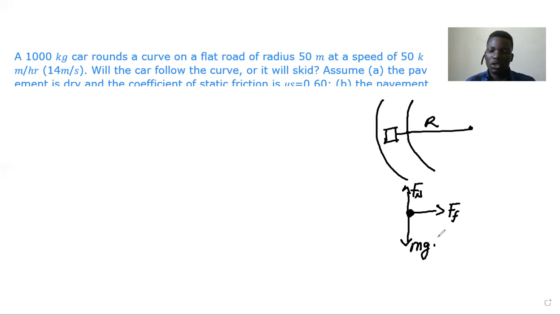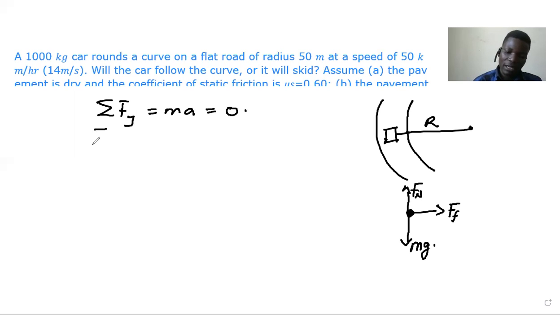So according to Newton's second law of motion, we have the summation of forces in the y, and there is no motion in the vertical, so the sum of forces equals ma, which is equal to 0. The forces acting in the vertical are only the normal force and the weight of the car.